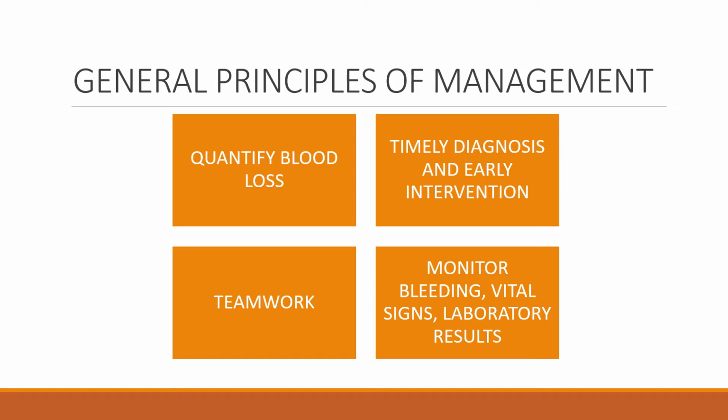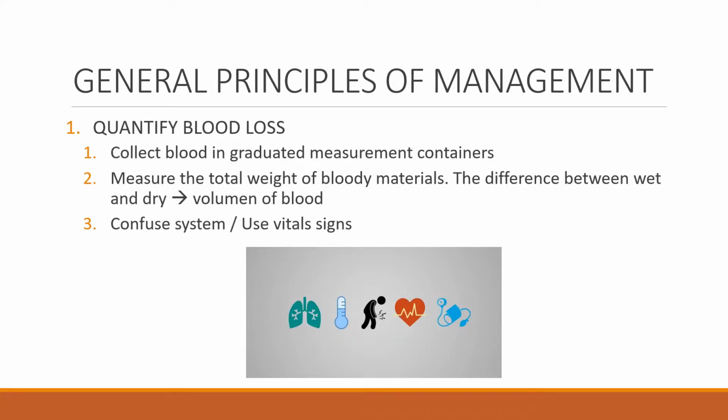That's why we work together with the nurses, the doctors, the consultants, etc. And the fourth main pillar of management is to keep monitoring every 15 or 20 minutes, as often as you can, the vital signs, and to ask for laboratory tests and see the results. So we're going to see each one.